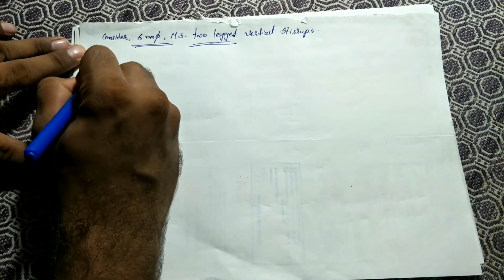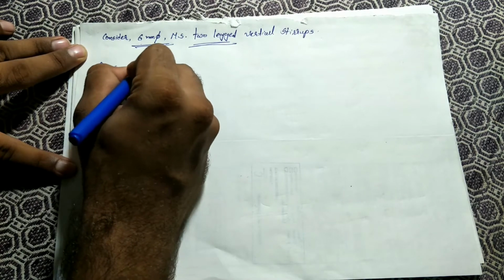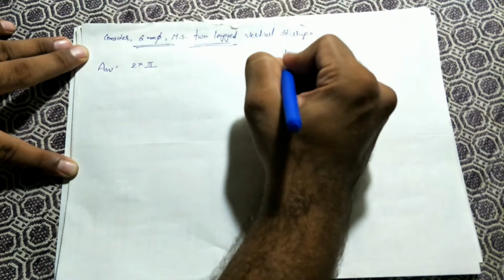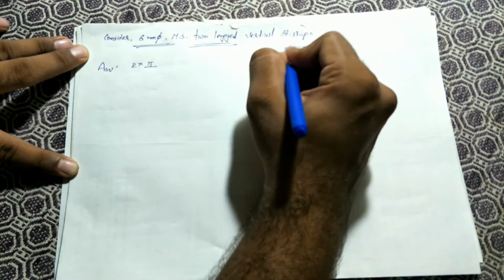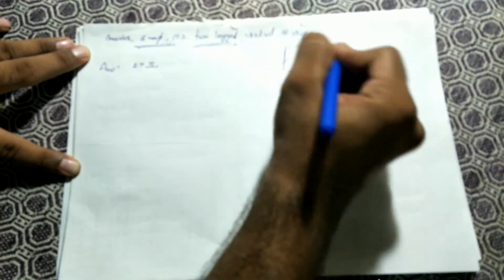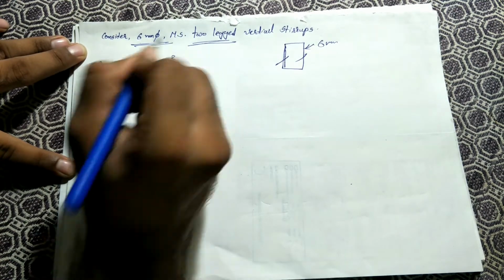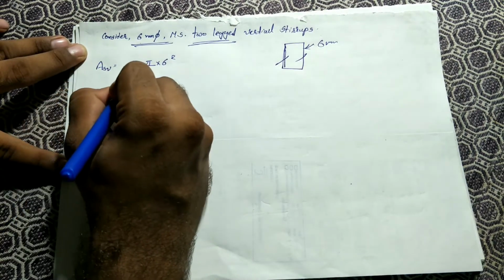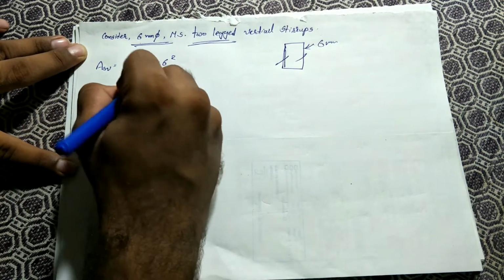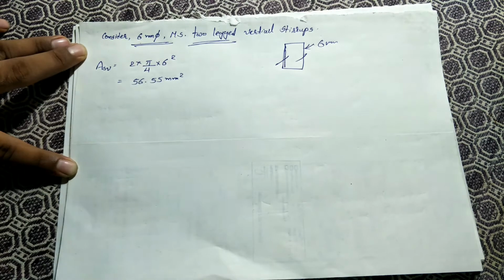So the area of that 6 mm dia 2-legged stirrups is 2 into pi by 4 d square, where 2 is for 2-legged and the diameter of this bar is 6 mm. So that is 56.55 mm square.